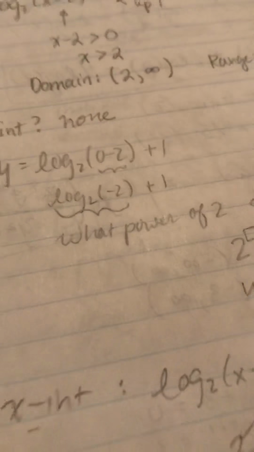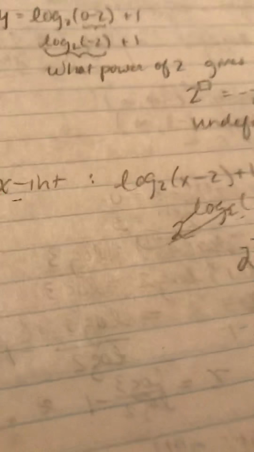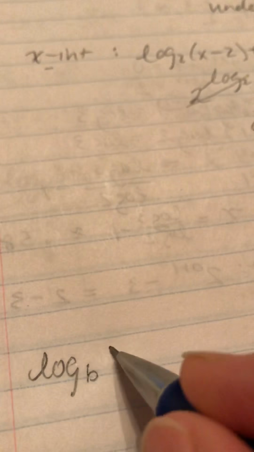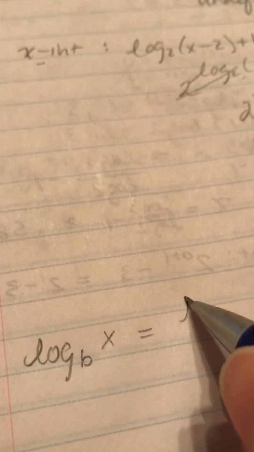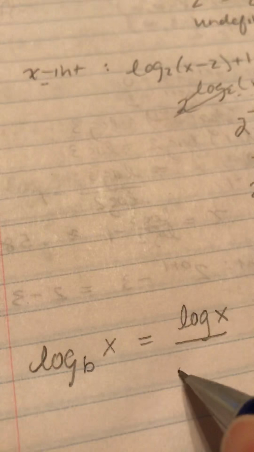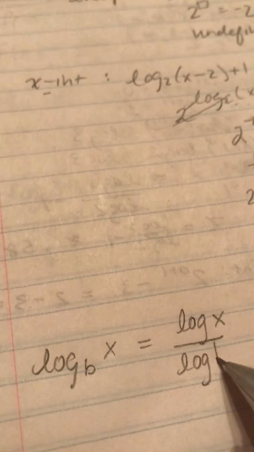Now, to do this on your calculator, you would have to use a change of base formula, at least on the older calculators. The change of base formula, if you remember, is that log base b of x is log, say, base 10 of x divided by log base 10 of b.